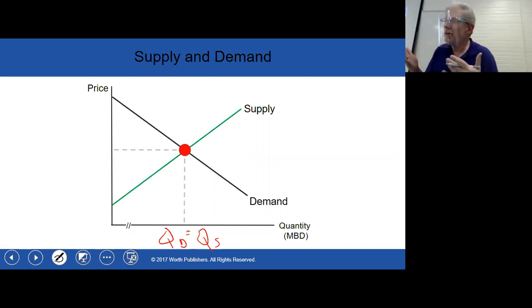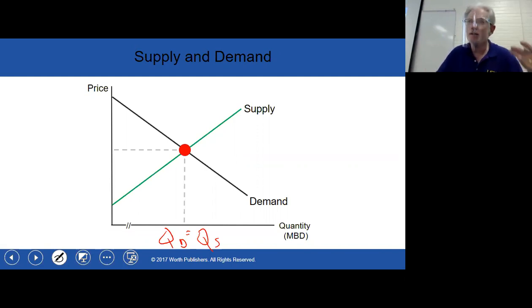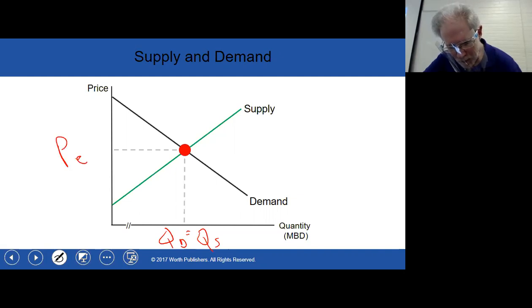Because there's nobody in a market economy making the decisions about how much in total to produce. Each consumer is focusing on how much do I want to buy. Each producer is trying to maximize his profit. But we saw that as everybody's focusing on what's good for them, we end up moving to the equilibrium where we have some equilibrium price resulting, and at that price, consumers want to buy the quantity that producers want to sell.